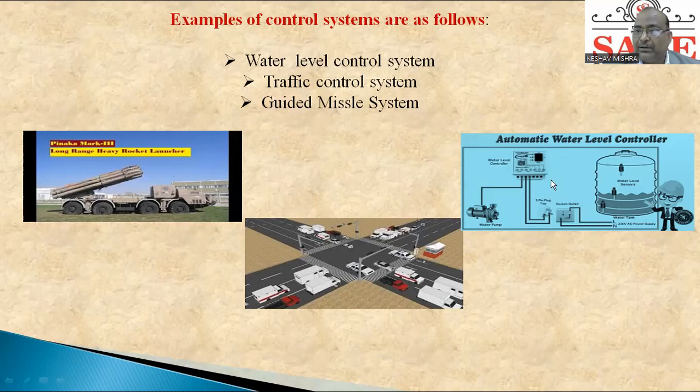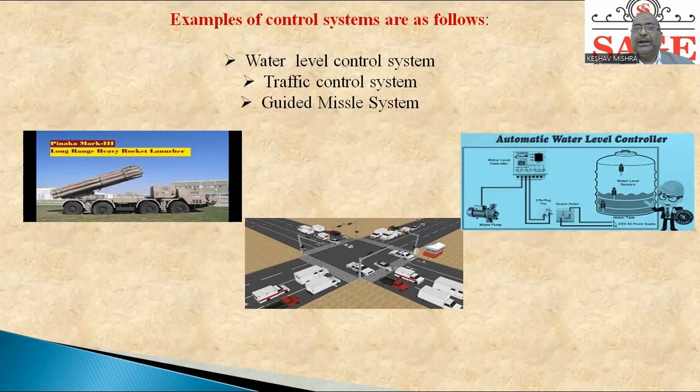This automatic water controller can take care of overflow. Accordingly, it will take the action to switch the electrical motor on and off. And this is the traffic control signal. Lights will be switched on and off as per the traffic situation here. So this is automatically designed. All these are basically automatic control systems. Closed loop systems we can refer to them as.